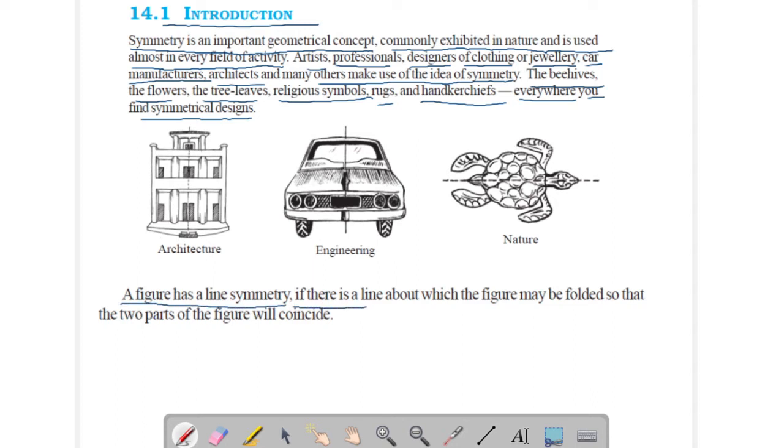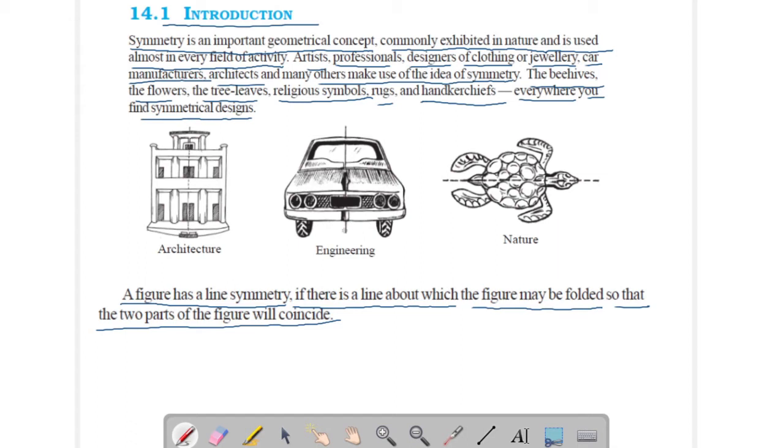A figure has a line of symmetry if there is a line about which the figure may be folded so that the two parts of the figure will coincide. See this building, if you draw a vertical line, the building will be divided into two equal parts.